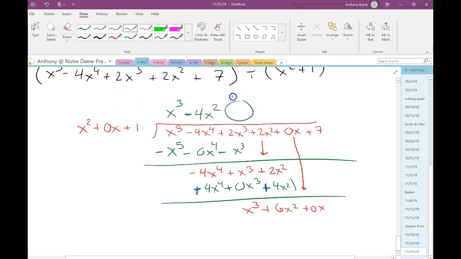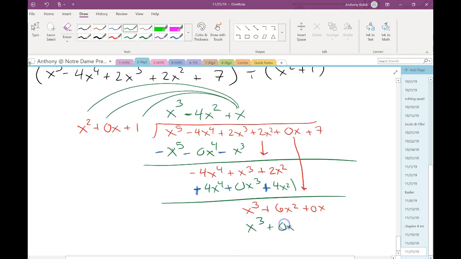And we'll ask ourselves, what times x squared is x cubed? X, right? Everybody agree with that? X to the first would be fine as well if you want to write it that way. So multiply that by each piece of the divisor, and then subtract down.